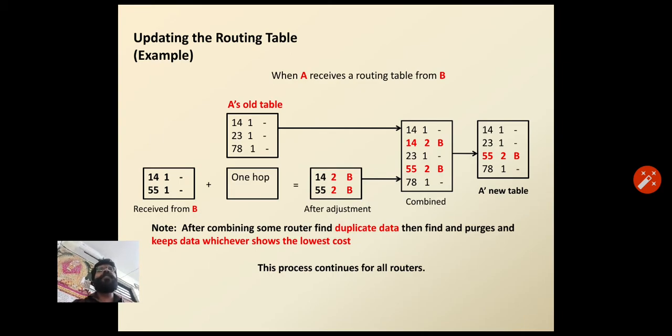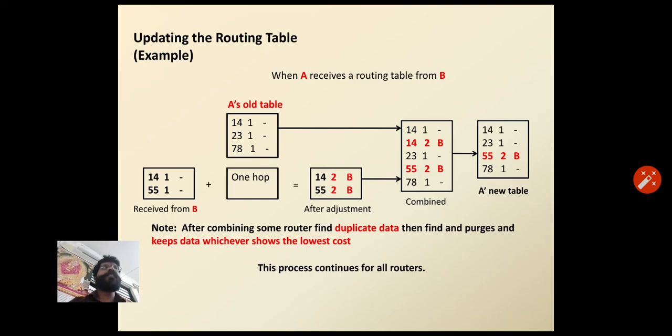So when the message comes at node A from B, one hop is added, and then after we calculate the adjustment, it is 14 to 15, 55 to, and this adjustment can be combined with the old routing table.